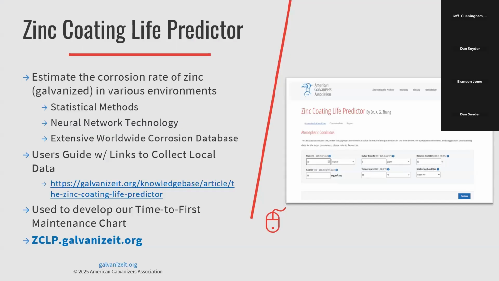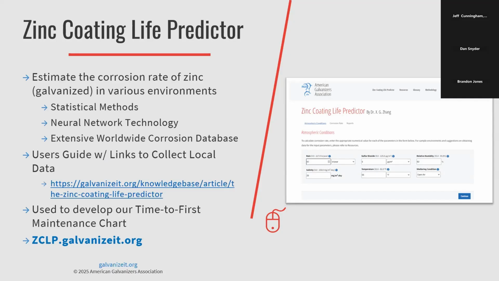All right, one of our most powerful tools, I'd say, is our zinc coating life predictor and our life cycle cost calculator. These are based on real-world data. It's not accelerated salt spray testing or anything like that, because when you salt spray galvanized steel, it doesn't accurately mimic real conditions and doesn't allow the zinc patina to form, which really extends the life of the galvanized steel. So this is all real-world data.